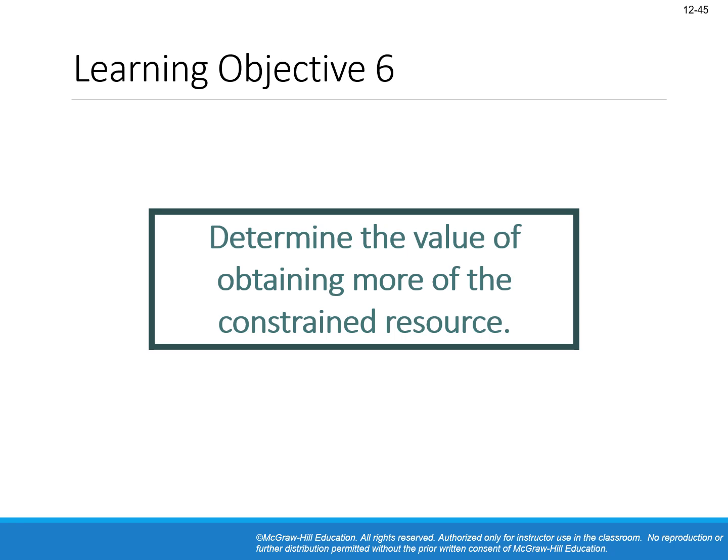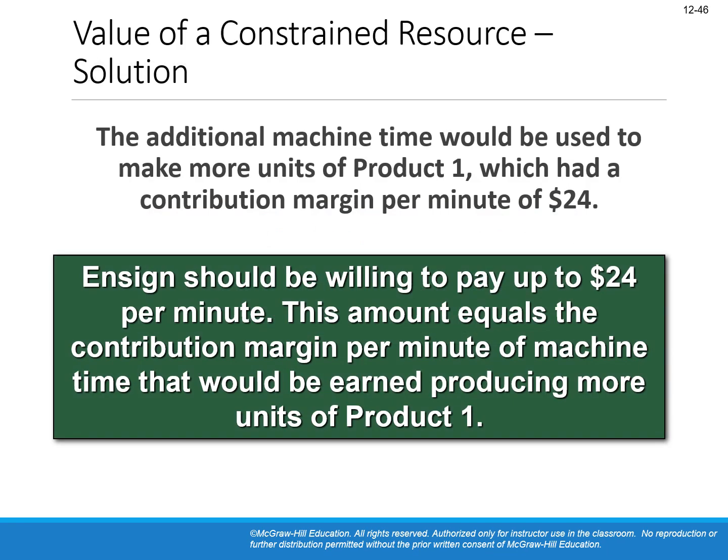Let's see. The additional machine time would be used to make more units of product 1, which had a contribution margin per unit of $24. The company should be willing to pay up to $24 per minute. This amount equals the contribution margin per minute of machine time that would be earned by producing more units of product 1.